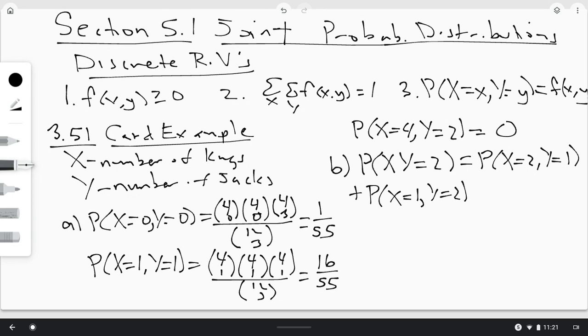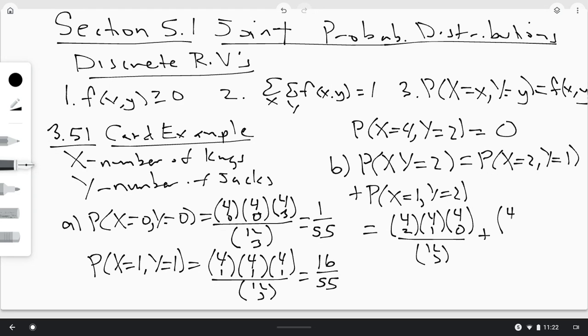Okay. And the ways that can occur, these are the 2 possibilities: x equal 2, y equal 1, x equal 1, y equal 2. And we can calculate the probabilities of those just like we did before. The first one would be 4 choose 2, 4 choose 1, 4 choose... So if I get 2 from the kings, 1 from the jack, that means I have 0 that I choose from the queens. 4 choose 3, plus, and then I can do it for the other one.